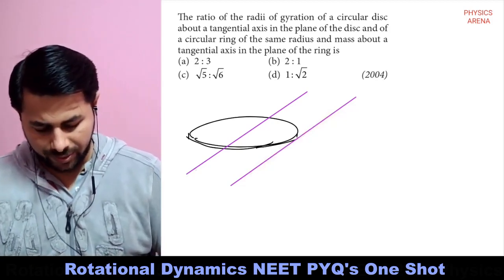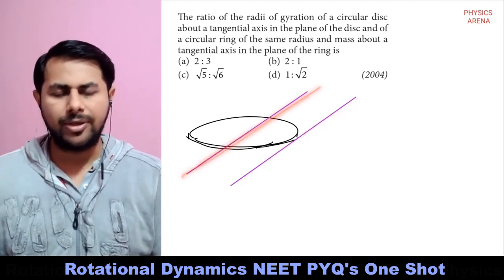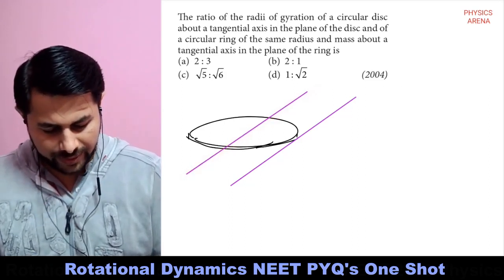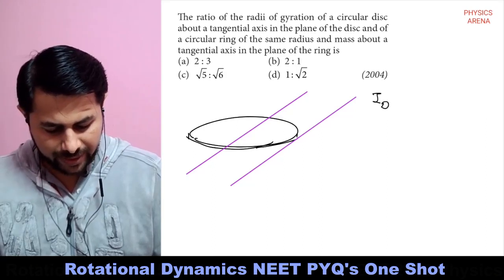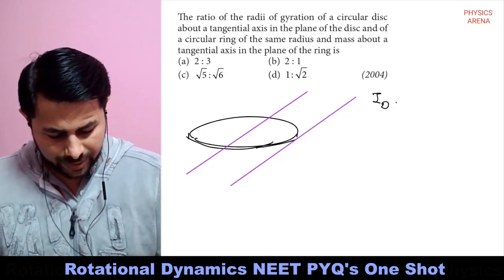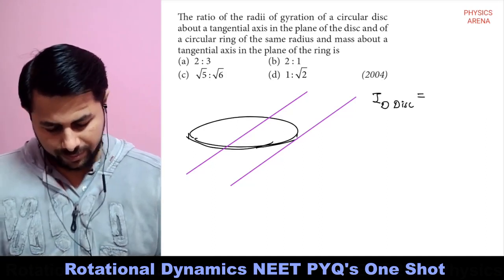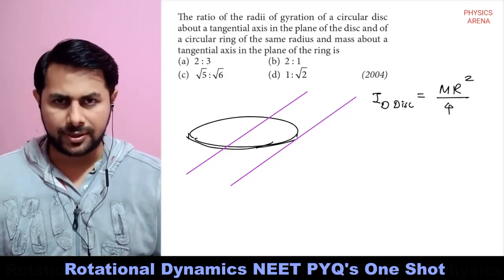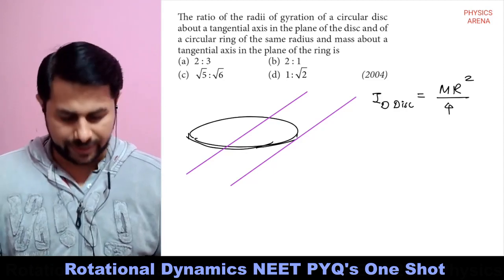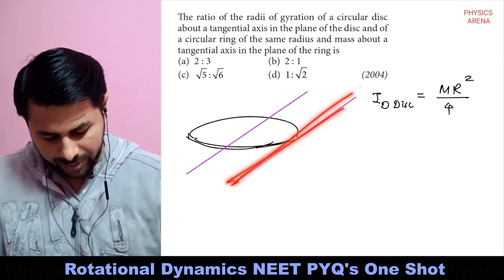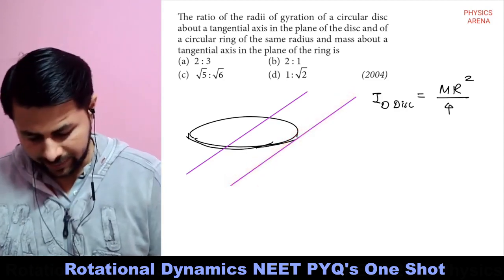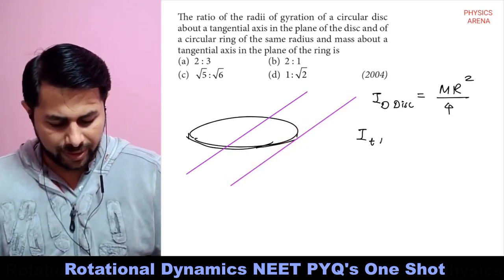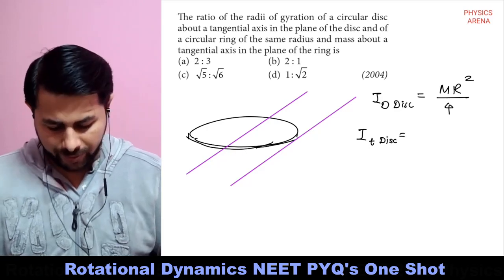axis. So we had found this moment of inertia about diametric axis for a disk, I suffix d for a disk is equal to mr square divided by 4. We have solved this in today's lecture itself. So about this tangential axis, how much would be its moment of inertia? So it for a disk will be what?